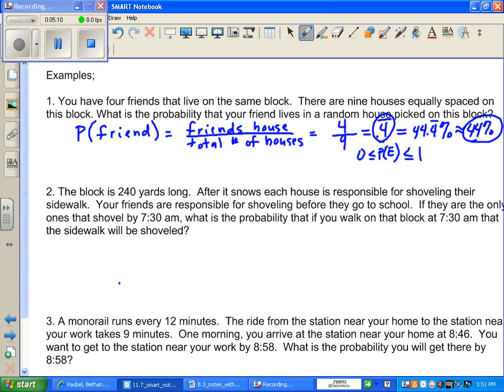So let's just write this as the probability of shoveled. That would be comparing your shoveled length, that's your favorable length, over your total length.